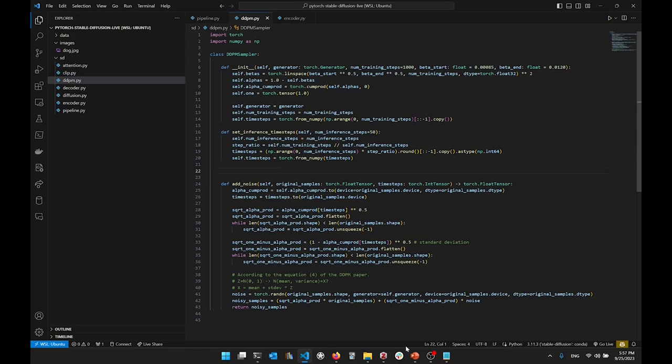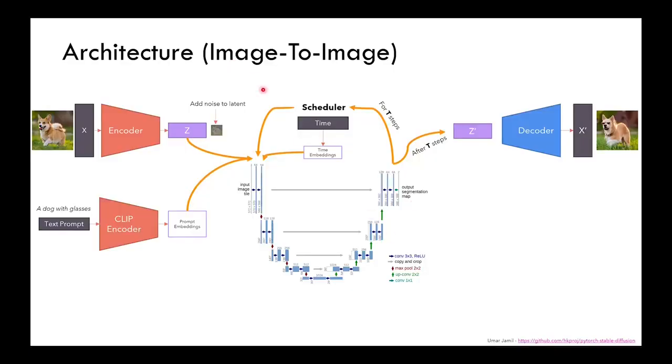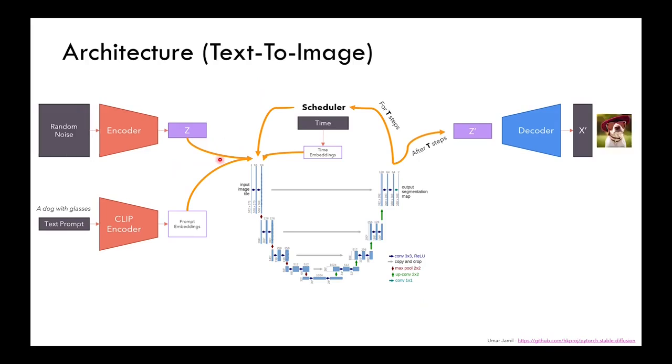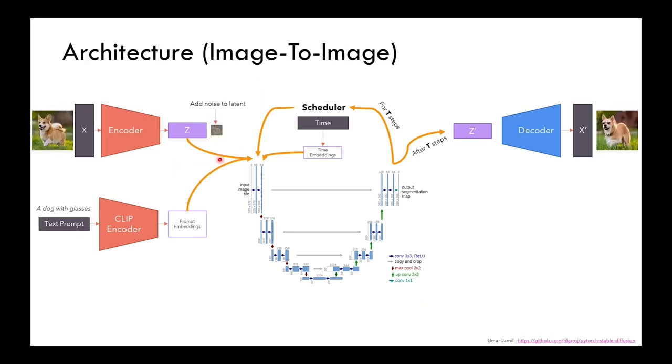As you remember, let's review again. Imagine we are doing text to image or image to image, it doesn't matter. The point is our UNet, as you remember, is trained to only predict the amount of noise given the latent with noise, given the prompt, and the time step at which this noise was added.